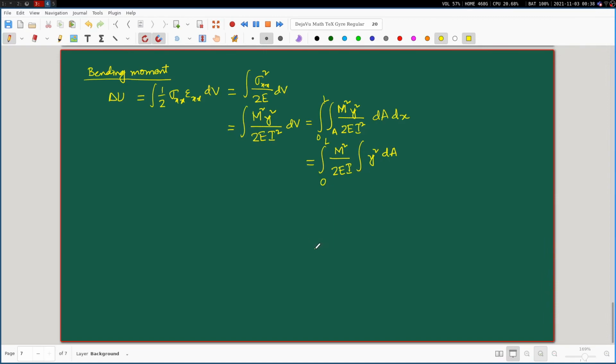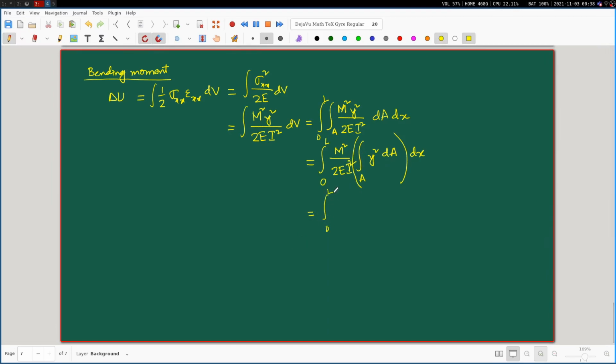Okay, now you see, this is over the entire area and this is dx. Now you see this integration y squared dA, what is this? So this is nothing but the I itself.